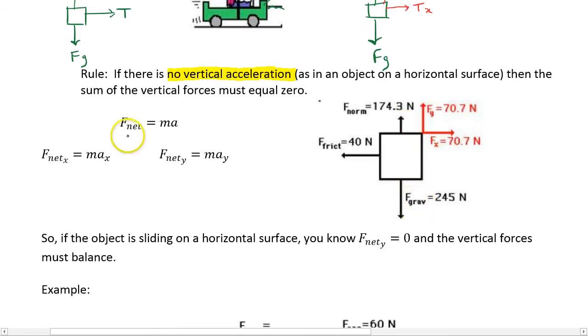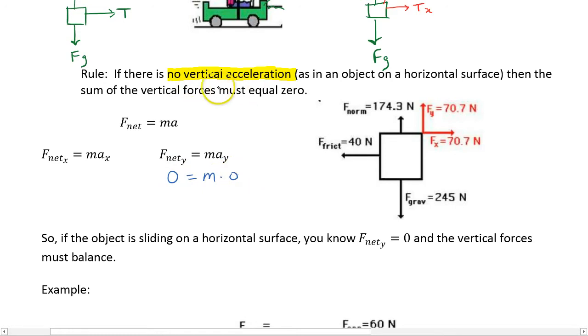Over here I write, well, Fnet is equal to ma. You can also think of this as happening in the x direction and the y direction. In this example, the sum of all the y, the Fnet y, is going to be equal to 0. So right here we would be saying 0 is equal to this mass times, there'd be no acceleration.